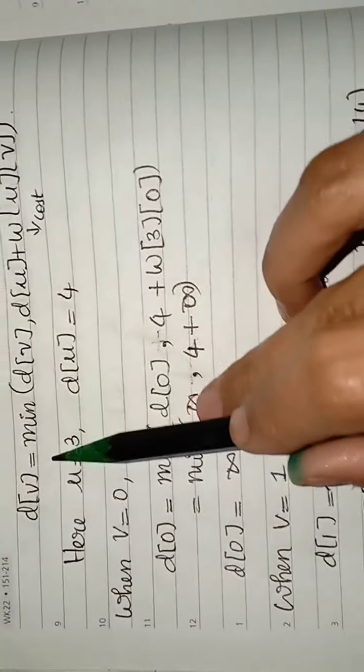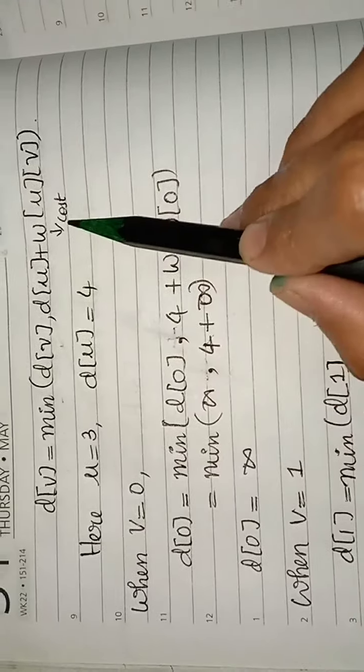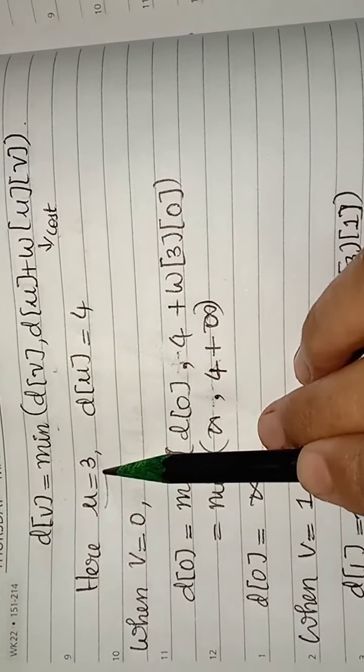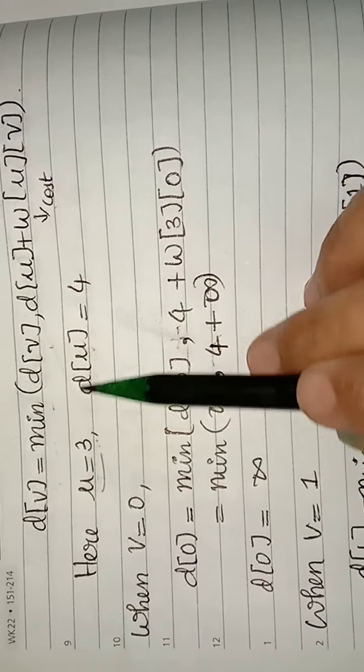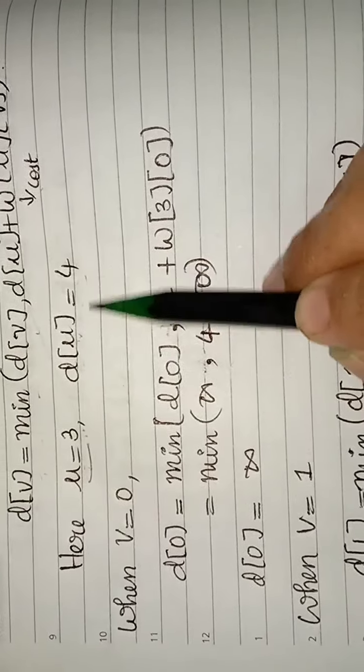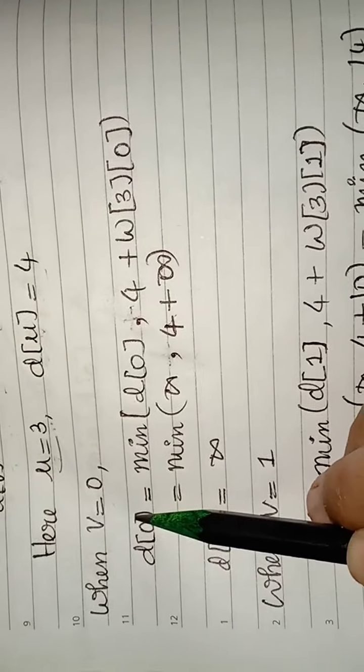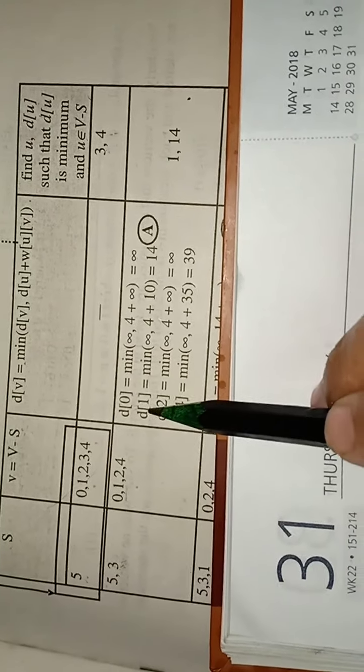So here, if you can see, I have written the formula, W is nothing but the cost. Here we have taken U is equal to 3. So d of U, the value of that, is nothing but 4. So when V is equal to 0, as I have told you, you have to find the values for d of 0, d of 1, d of 2 and d of 4.